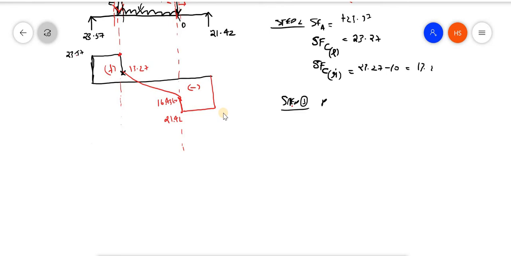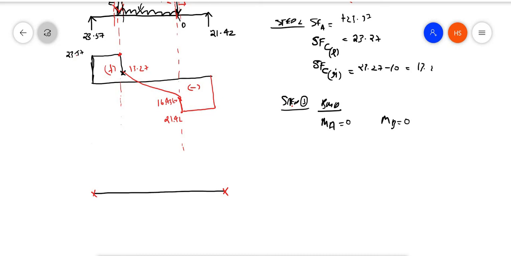Step 3 is the bending moment diagram. This is the last thing we have to do. The bending moment at A is equal to 0 and the bending moment at B is equal to 0.